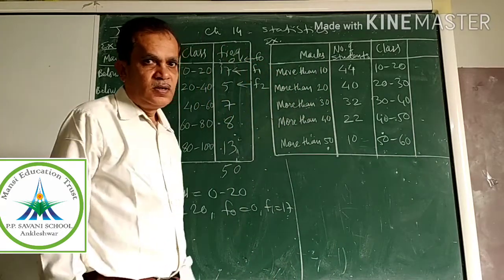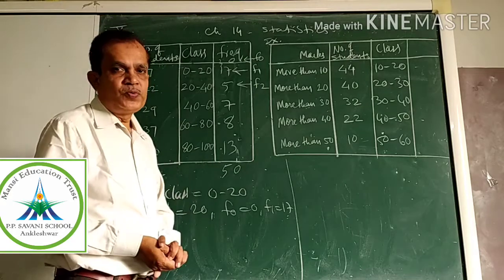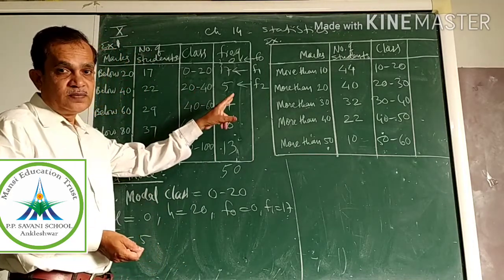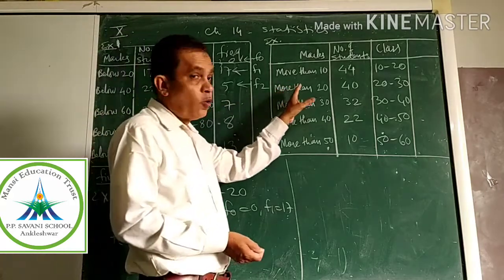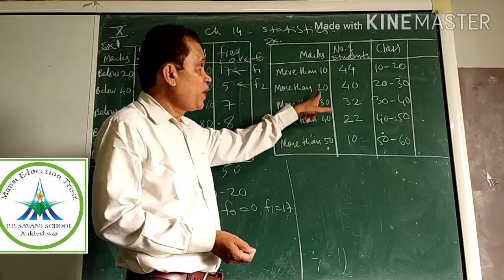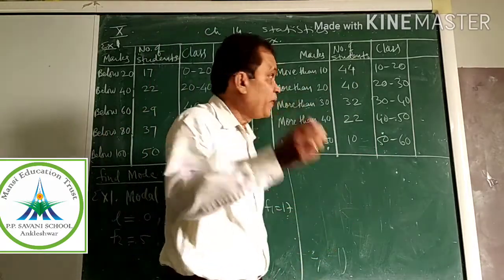Right? Did you understand? In these examples, my dears, all of you, the important thing is writing the class and the frequency. In the more than case, you know the gap is 10, 10 to 20. So I wrote the class. Now the frequencies.